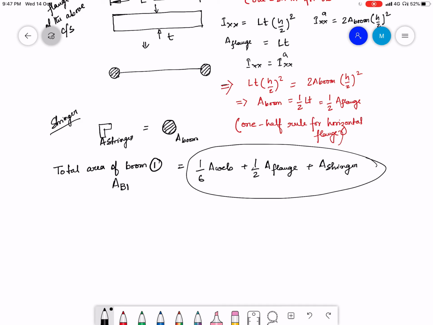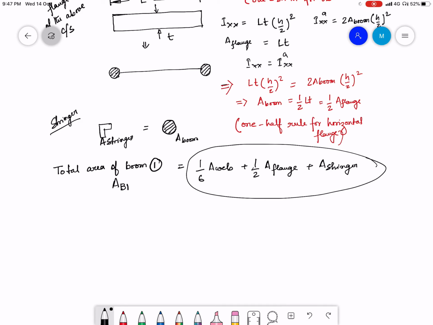we will discuss later. Okay, so you have to keep this in mind that though I have discussed this method of finding out the area of the boom by equating the sectional property of the actual cross section to that of the idealized cross section, there could be other methods or techniques to find out the approximated area of the boom.